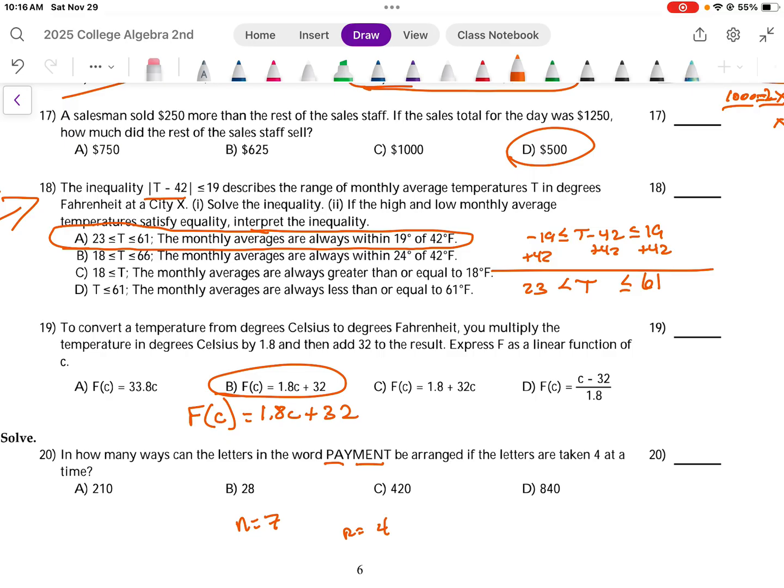And again, the hardest part is trying to decide which one it is. The easiest one here is just doing it as a permutation. And I would do the 7P4, and that gives me 840.